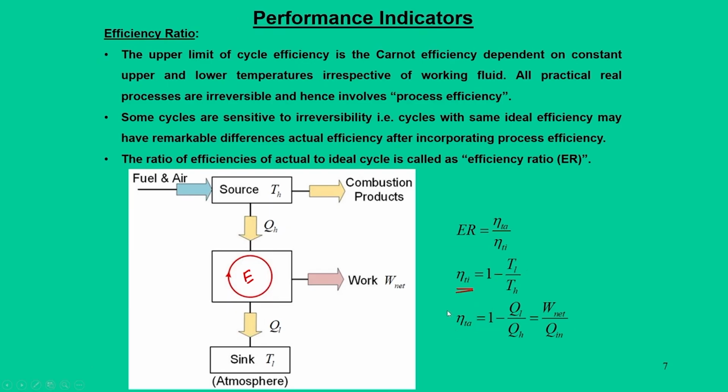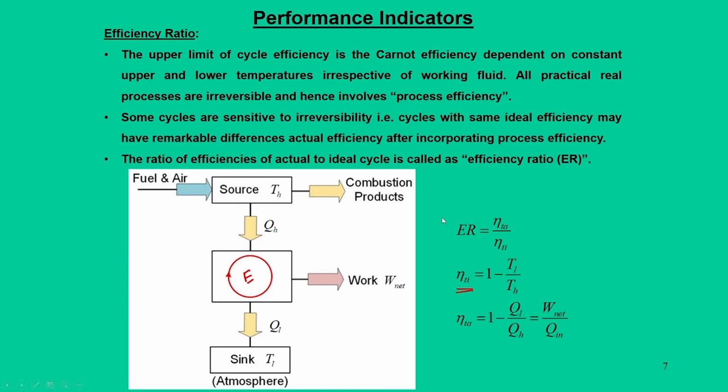If you talk about the actual engine, that is nothing but W net by Q in. Due to irreversibility in the medium, in other words, if there are irreversibilities in these systems, then our efficiency cannot approach this Carnot efficiency. For that reason we define this efficiency as the actual efficiency.